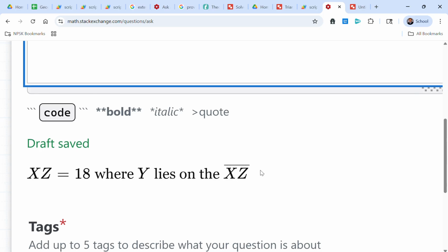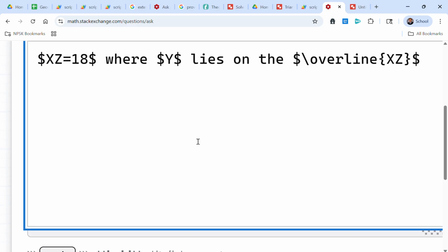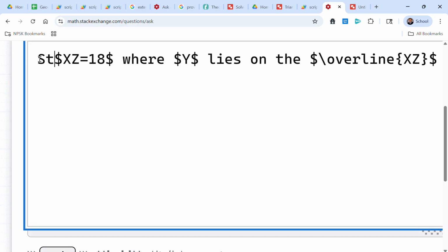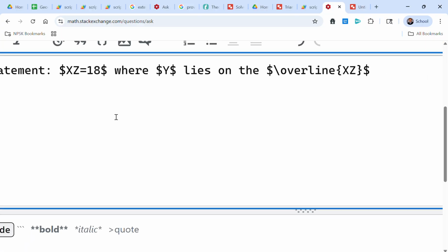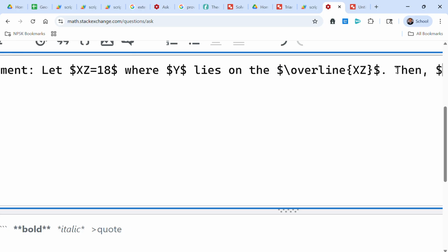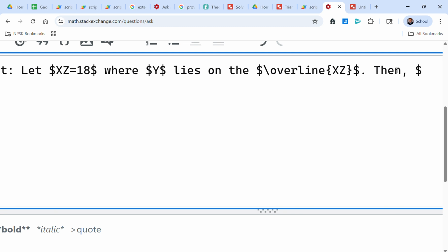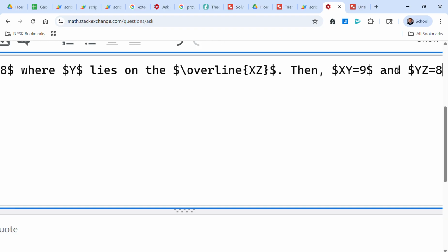So sometimes, let's say I wrote a statement that did not make sense. Let's say you have xz equals 18 where y lies on that line. Then we know xy equals 9 and yz equals 8.